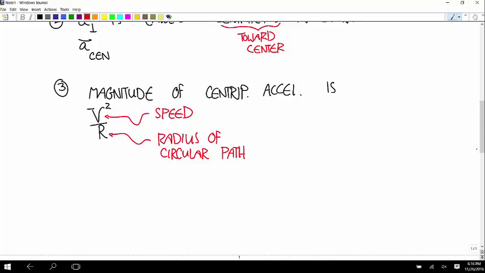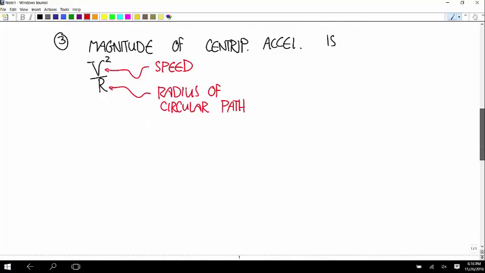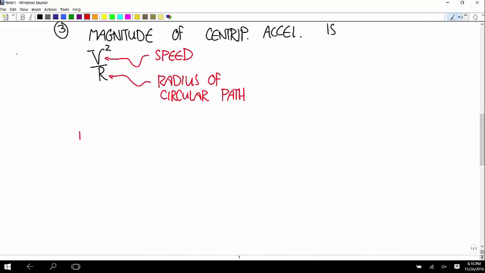But you do know that increasing speed should increase the centripetal acceleration, and increasing the radius of the circle should decrease the acceleration, and that's what we have here. That is the end of the new stuff.